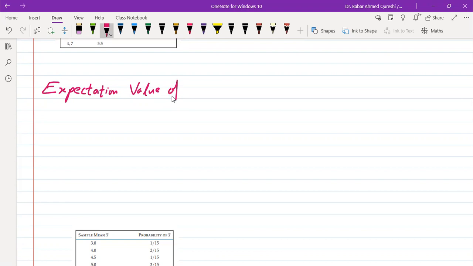Expectation value of a sample of size 1. What is this? Each value you can get times the probability that you will get it, and then you sum over it.